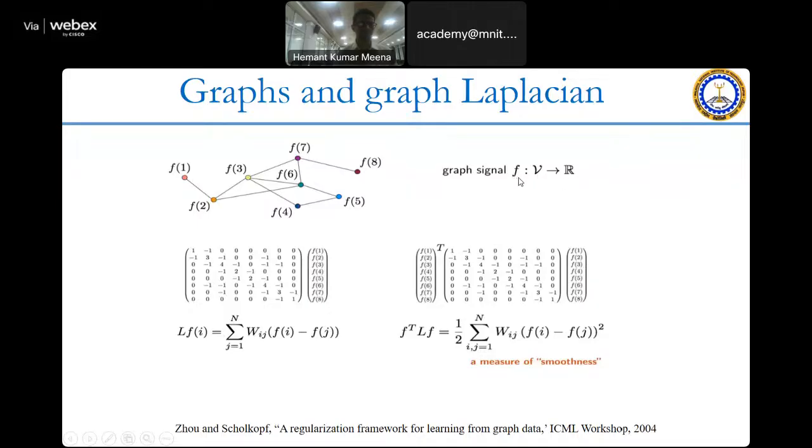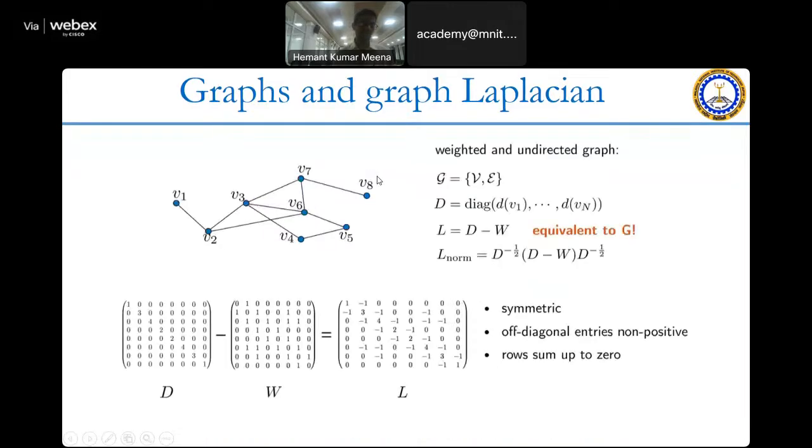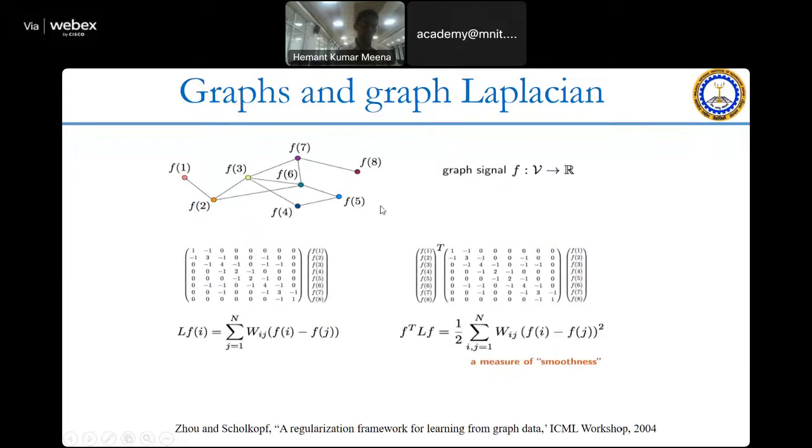Signal means that the vertices have some real value. This is F1, F2, F3, F4, F5, F6, F7, F8. Why in this way? Because we have numbered the graph as V1, V2, V3, so in the same way we have defined the graph signal.